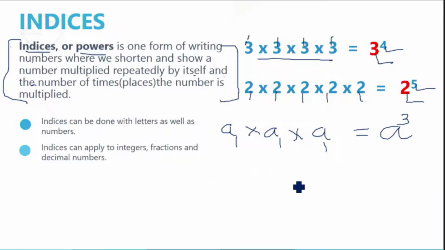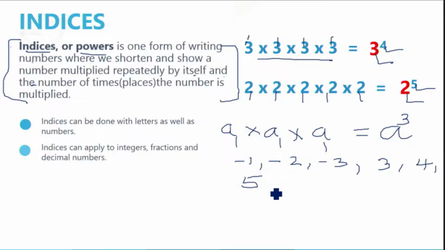So the power of a number or a letter can be an integer. It can be negative, such as -1, -2, -3, or you can have positive integers such as 3, such as 4, or even 5. Okay, those are positive integers.